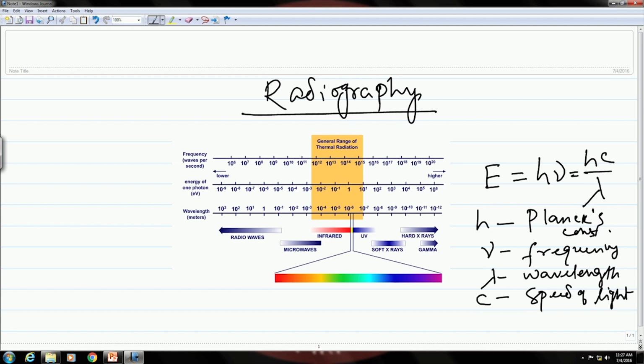So, as you increase the frequency or decrease the wavelength, the energy increases.